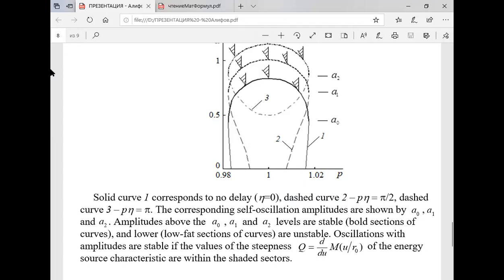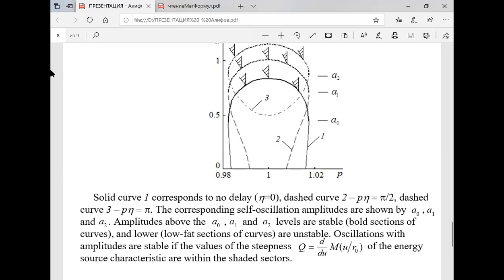Solid curve 1 corresponds to no delay, eta is equal 0. Dashed curve 2, p eta is equal pi over 2. Dashed curve 3, p eta is equal to pi. The corresponding self-oscillation amplitudes are shown by a sub 0, a sub 1, and a sub 2.